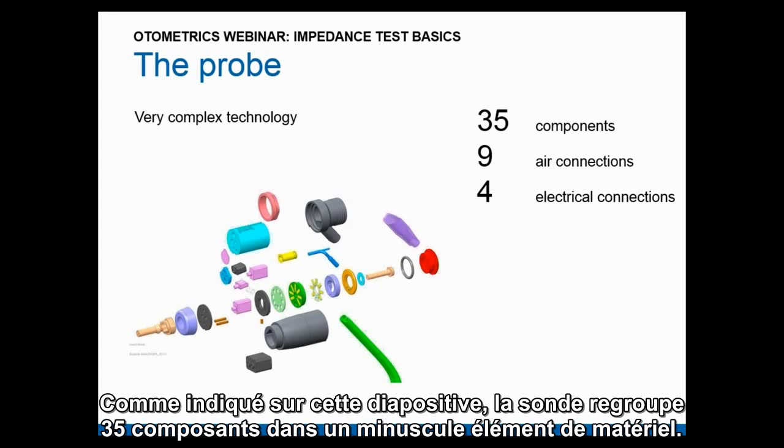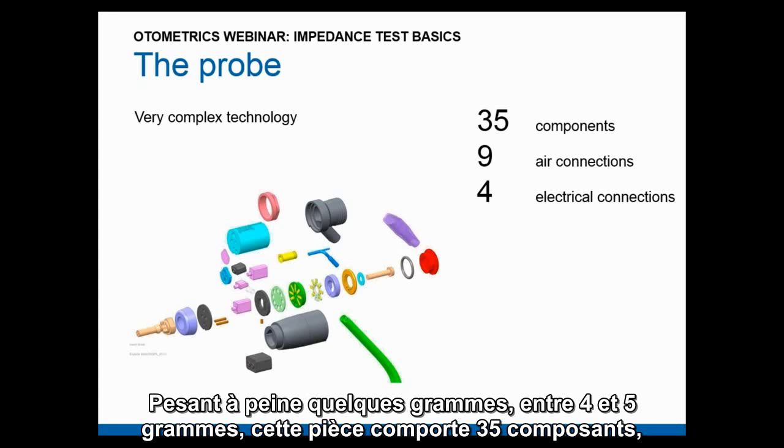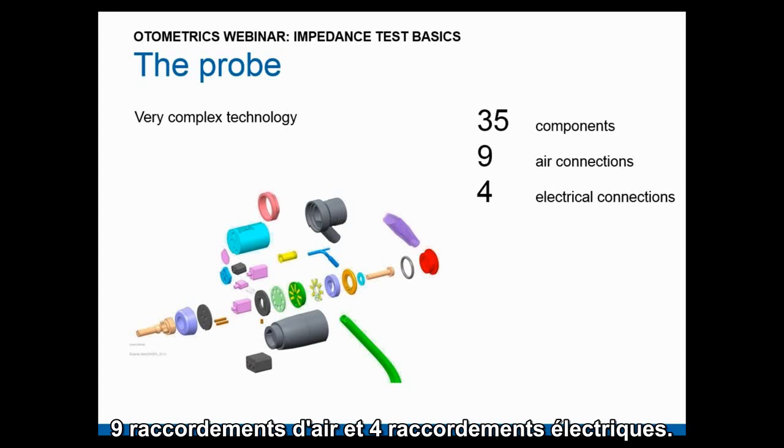So basically, as you can see on the probe, we have 35 components in a very tiny piece of hardware. This piece of hardware is just a couple of grams. So we are about 4 to 5 grams, and we have 35 components, 9 air connections, and 4 electrical connections.